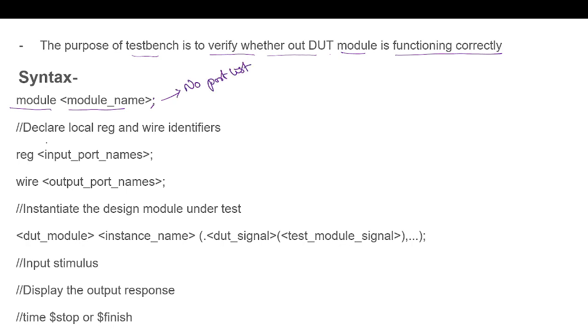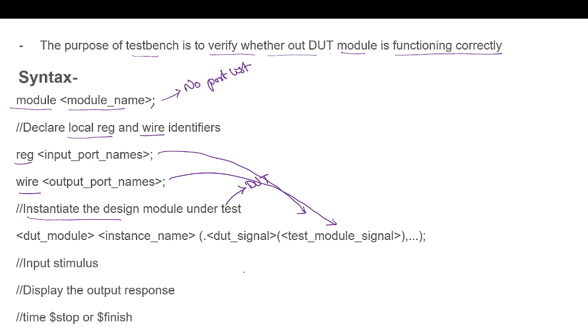Then we declare the registers and wires: reg for input ports, wire for output ports. Then we instantiate our design under test and pass all the test signals, our input and output ports.